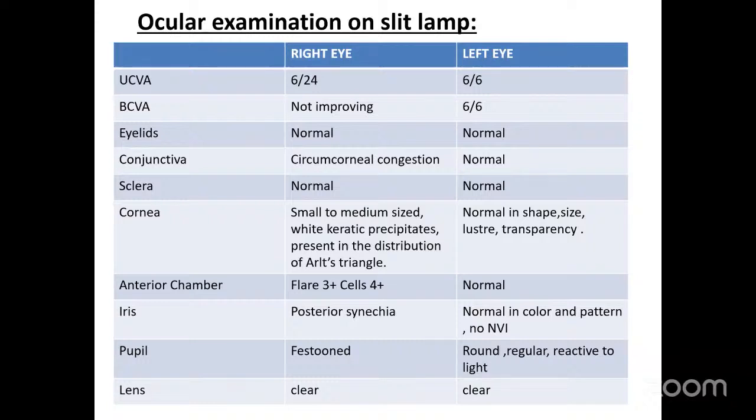Why do you think IOP is important in a case of uveitis? Because uveitis does lead to trabeculitis in certain cases, and eventually there is raised IOP. So tell me the other different mechanisms by which it can give rise to glaucoma.